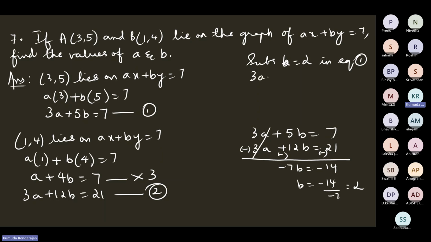So you get 3a plus 5 into 2 is equal to 7. 3a plus 10 is equal to 7. 3a is equal to 7 minus 10. 7 minus 10 is minus 3. So a is equal to minus 3 by 3, which is minus 1. So these are the values of a and b.